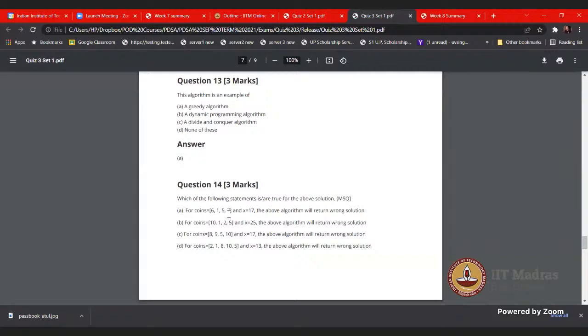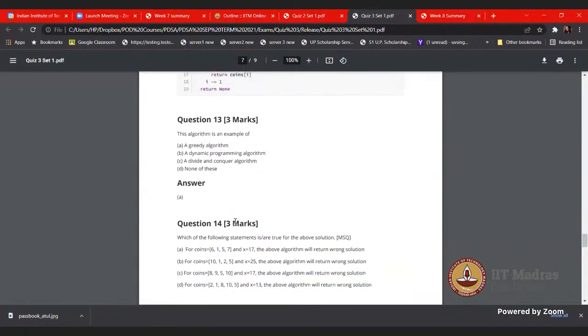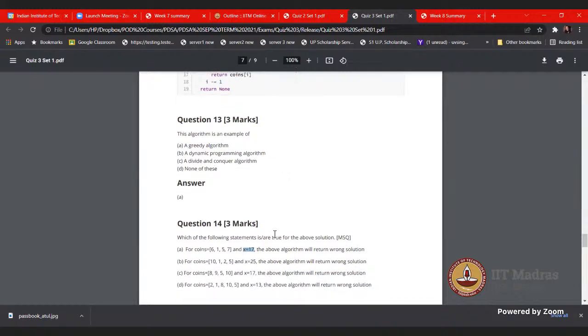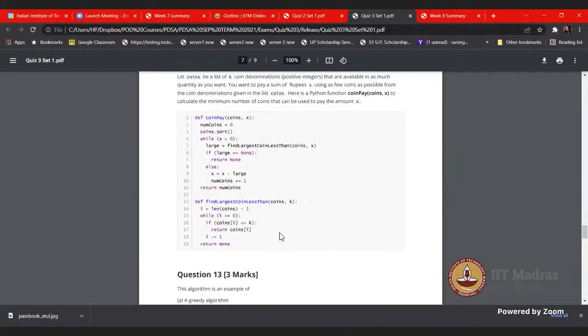So this is the actual problem, where we want to minimize the number of coins to get this amount. The problem is simple. What is the algorithm doing?